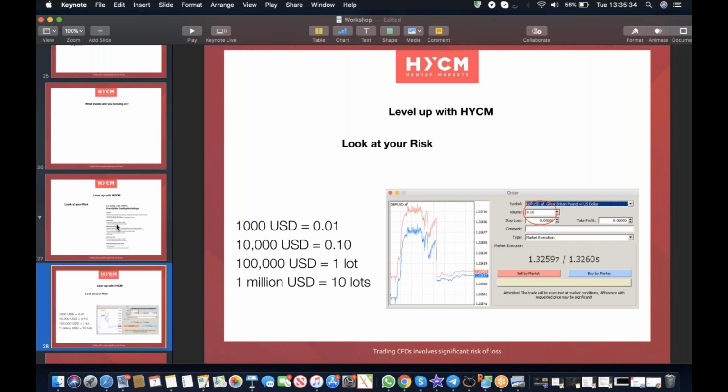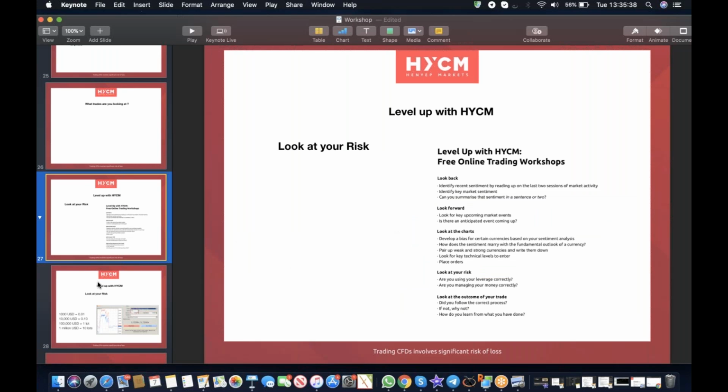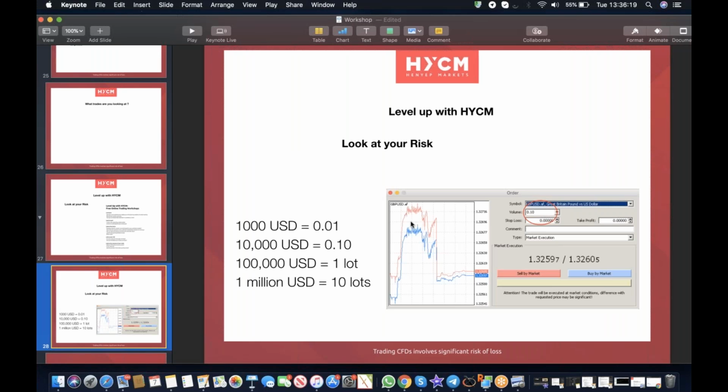But otherwise, just remember, I haven't covered this for a while, don't forget to look at your risk, okay? Looking at your risk is probably one of the most important and most overlooked aspects for retail traders. Now, you might have heard lots of different advice on risk. What I really recommend, particularly if you're struggling with trading and you just can't make consistent returns, over three-month periods you're not making money, or if you're struggling with large equity swings, or you want to manage money professionally for others, is that you trade without leverage.